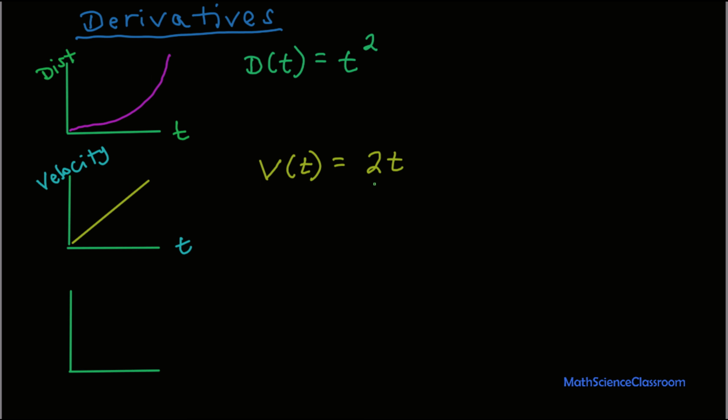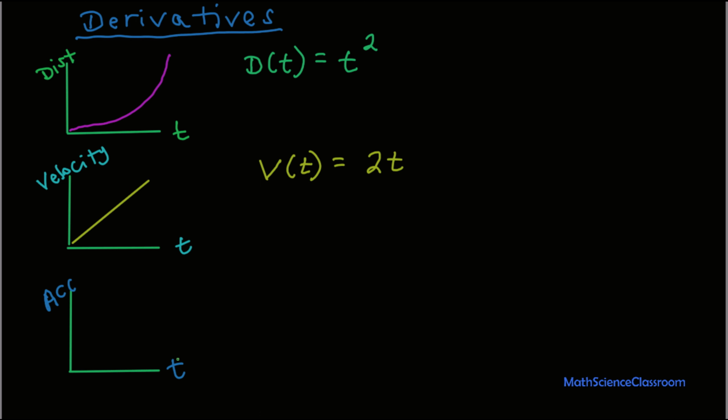And then in the next graph, we're going to describe what's happening in the velocity graph. The y-axis will be acceleration versus time. So how is this accelerating? What do we notice about it?